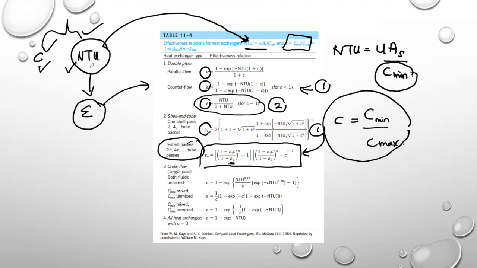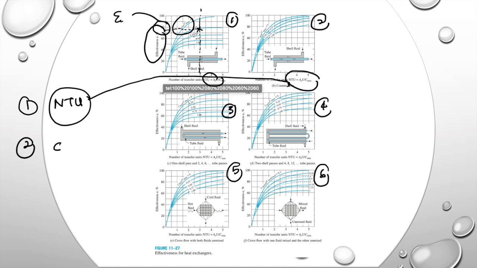What about the NTU method? NTU requires you to find the overall heat transfer coefficient, surface area, and C minimum. Of course, you cannot calculate the surface area. Since you cannot calculate the surface area, table 11.4 cannot be used, or you cannot use figure 11.27 to find the effectiveness.